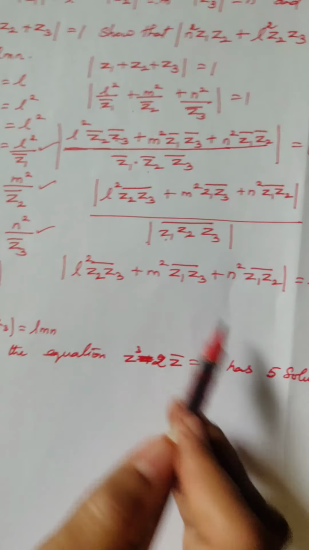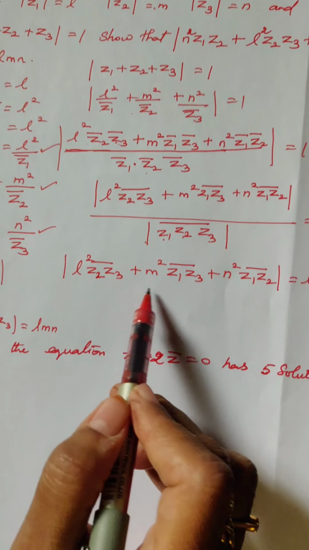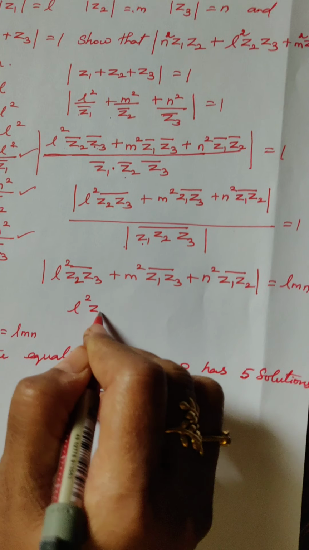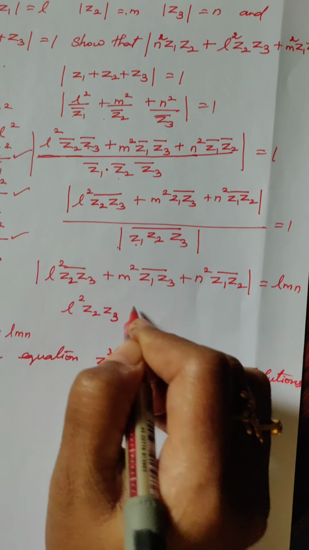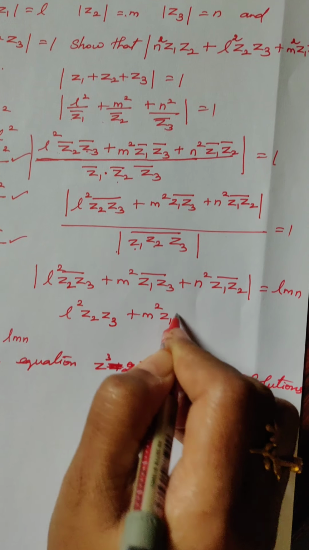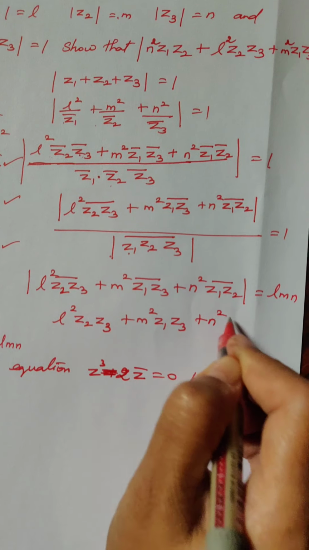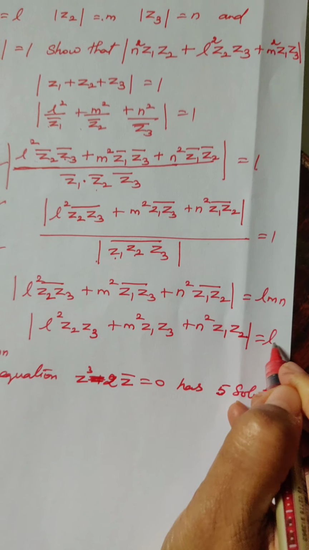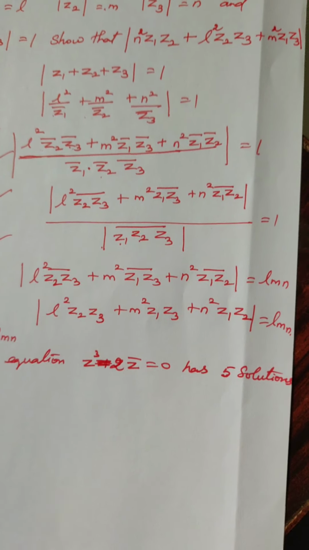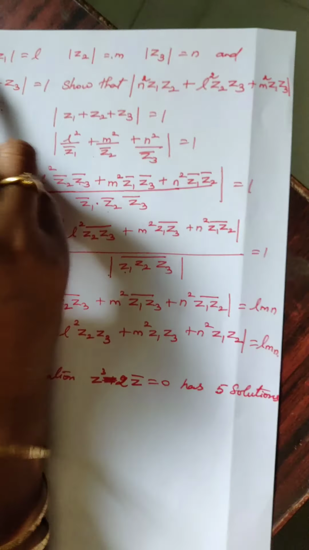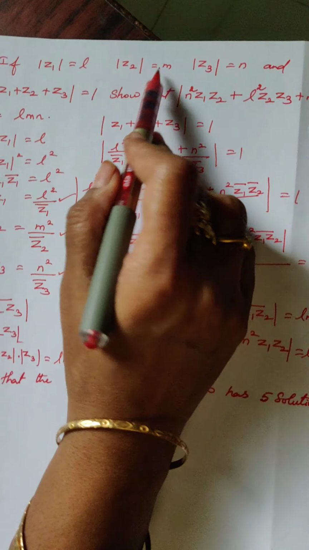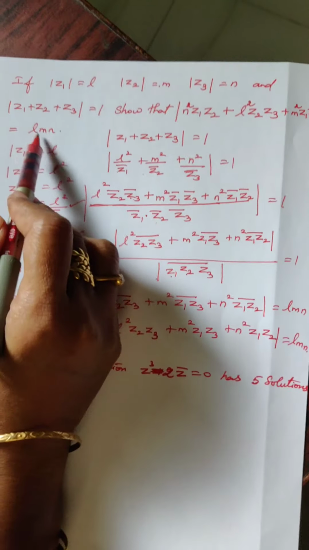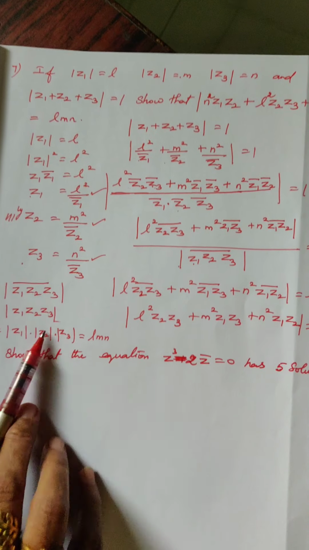So you know that modulus of the addition of the complex numbers, which is nothing but L square z2 z3 plus m square z1 z3 plus n square z1 z2, full modulus equal to L, M, N. Is it clear now? So in general, if L is equal to 2, m is equal to 3, n is equal to 4, we can easily find out this answer as L into M into N, product of all the numbers.